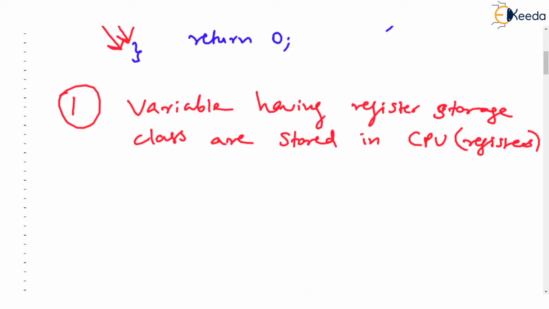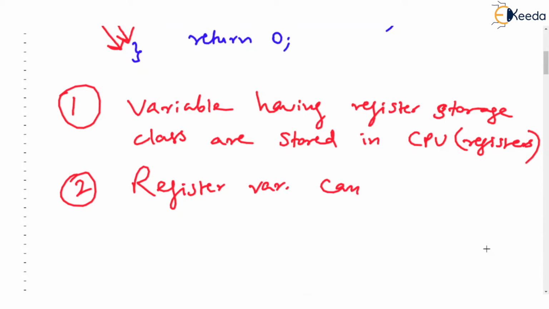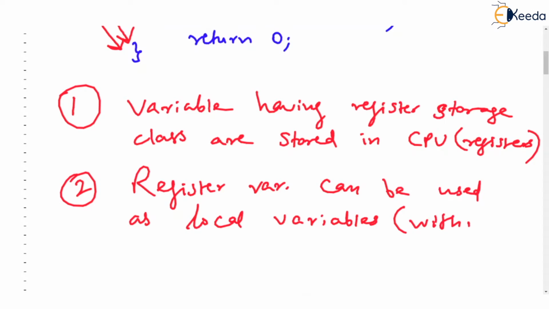CPU has some registers where they are directly stored. Second point: register variables can be used as local variables, only within the scope. Please try to understand. So in a sense, they are the same as auto variables.